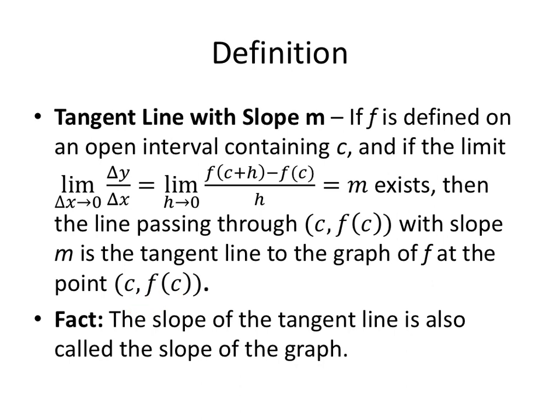Specifically at a point. The slope of the tangent line is sometimes called the slope of the graph at the point, or the slope of the graph, depending on how loose we want to be with terminology.